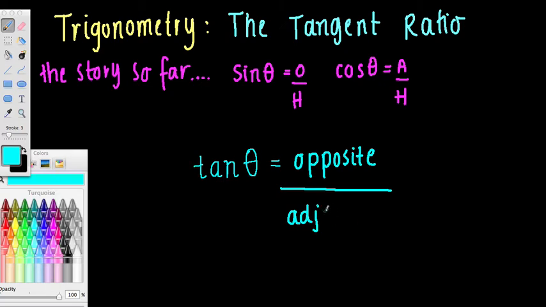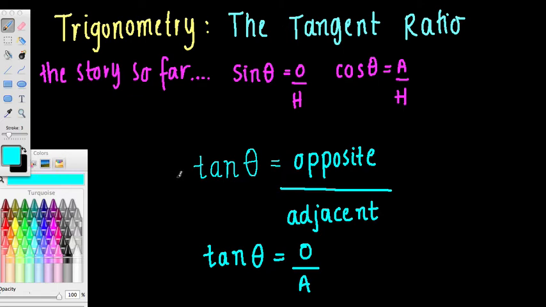So it's a ratio that links the O and the A, which we haven't had yet, have we? So tan theta is equal to the opposite over the adjacent sides, and again we write it in shorthand like this, O over A. Saves us a little bit of time, doesn't it? Pause here and let's put this ratio into our summary books for reference.